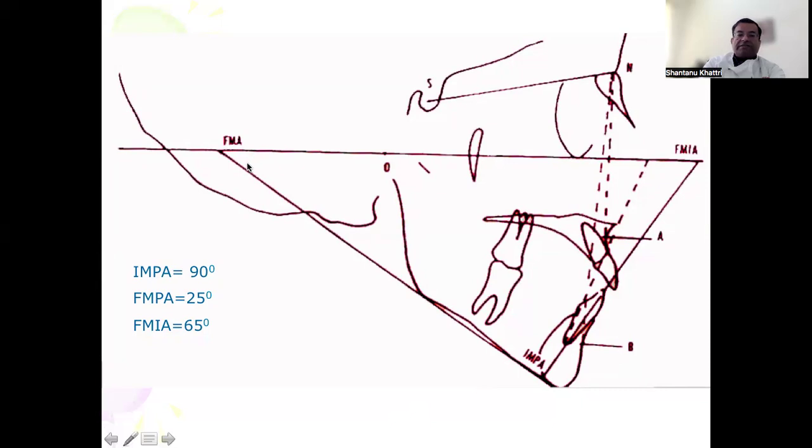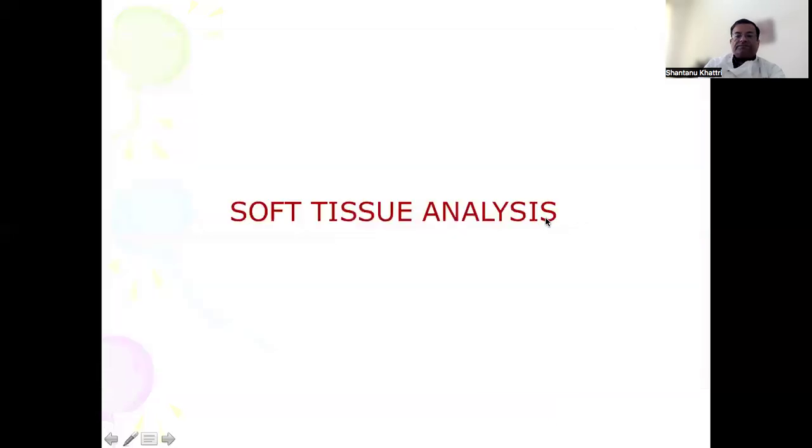So this angle tells the mandibular plane. This angle tells the inclination of the lower incisors. This angle tells the inclination of the lower incisor and prognosis of the treatment. So in normal situations, the IMPA should be 90 degrees, FMA should be 25 degrees, and FMIA should be 65 degrees. Next is the soft tissue analysis.